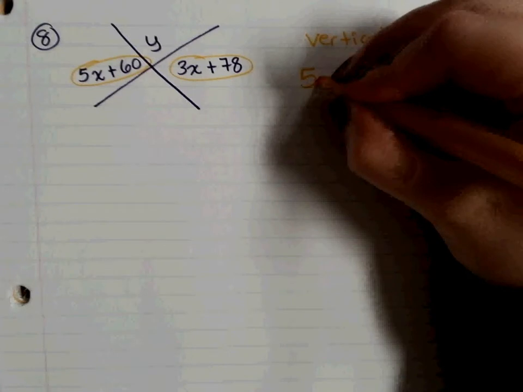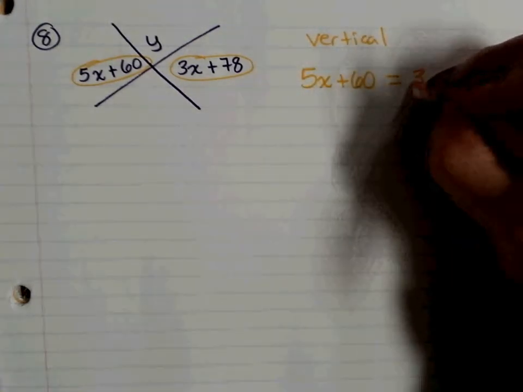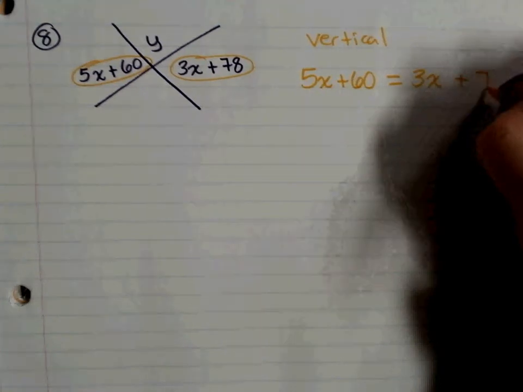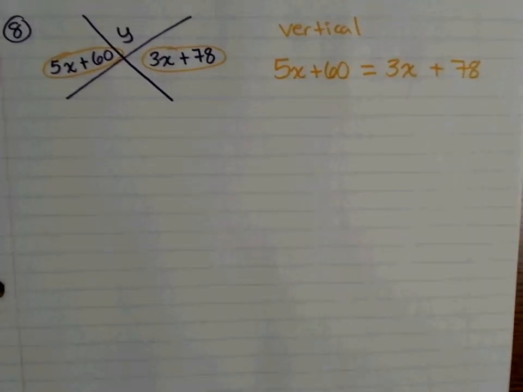So when I set this up, vertical relationship, I would do 5x plus 60 is equal to 3x plus 78. So again, you got variables on both sides. So what do?